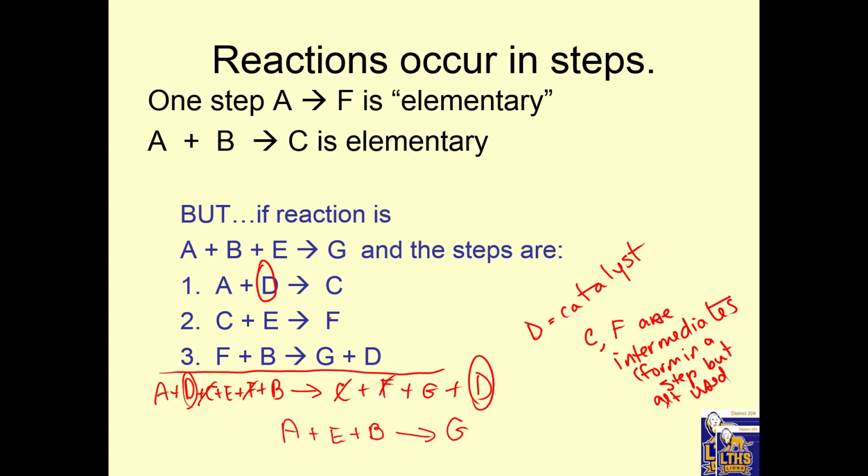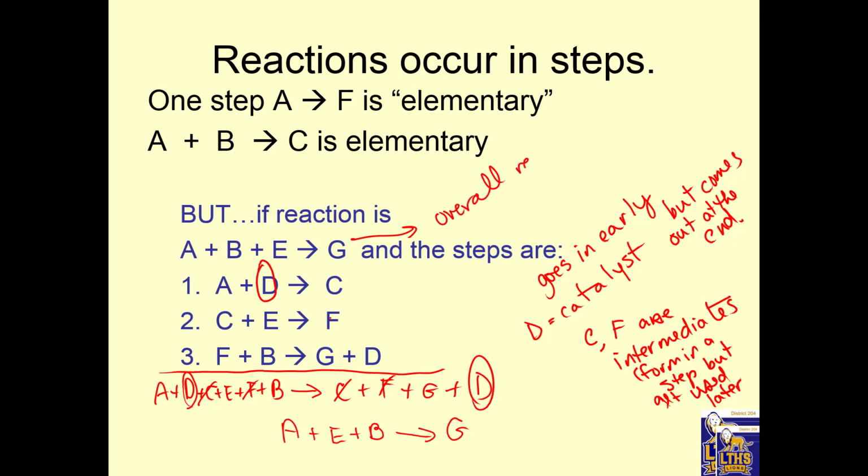Catalyst goes in early, so it's on the reactant side early, but comes out at the end. So a catalyst is something that speeds up a reaction but doesn't get used up. Okay, so these are called elementary steps. You add them all together to get your overall reaction. This is our overall reaction.